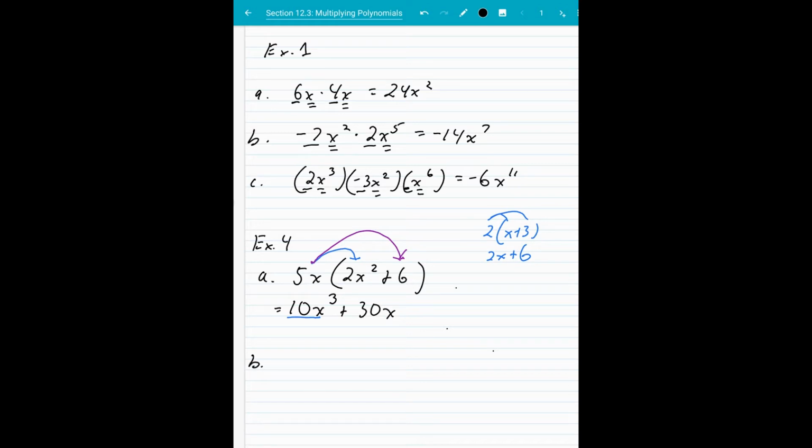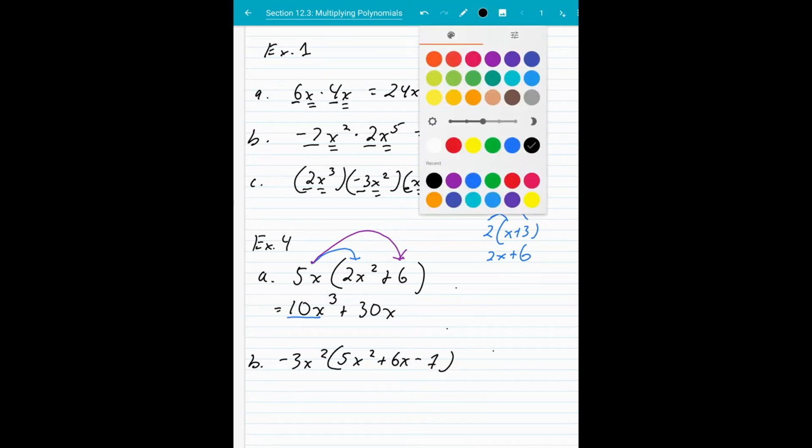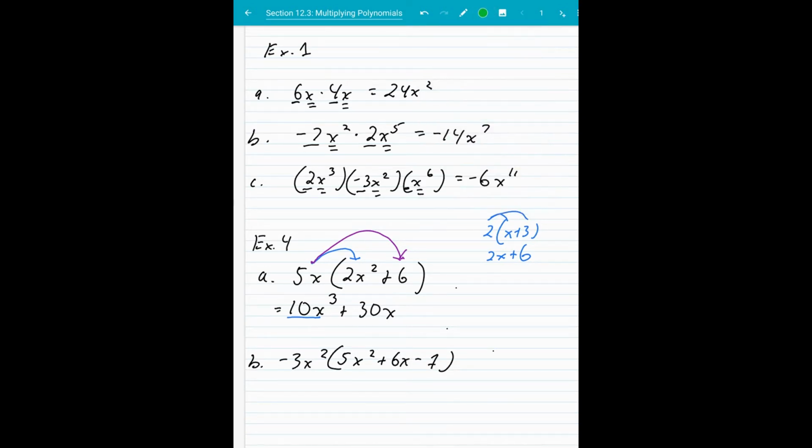So let's look at B. A bit more complex. It just has an extra number in there. 5x squared plus 6x minus 1. Again, we have to distribute the entire monomial to each monomial. So I'm going to do negative 3x squared to 5x squared. That's going to give us negative 15x to the 4th.